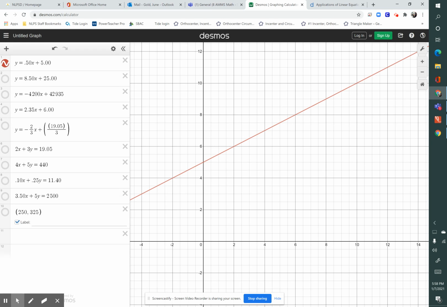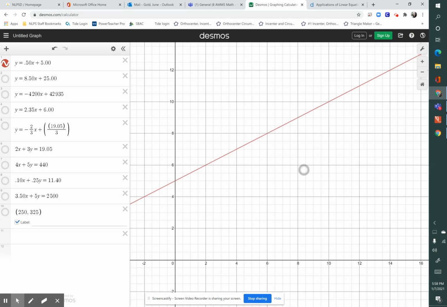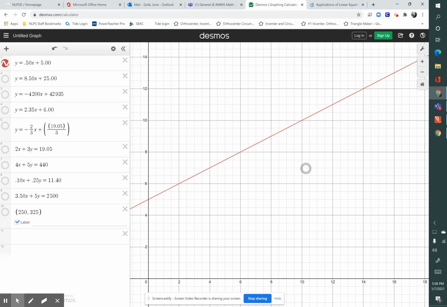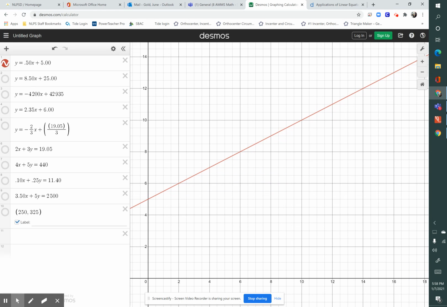You're not going to have a partial person, or a negative amount of money, for most of these kinds of problems. So for the most part, we're really only concerned with the first quadrant, and only with a specific part of it that fits the parameters of the problem.